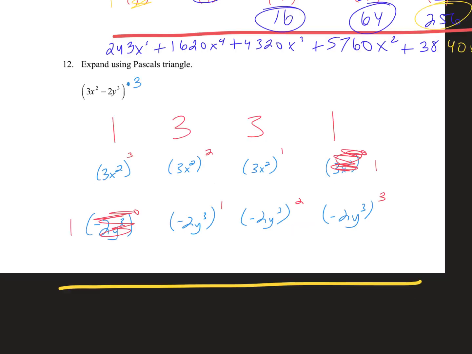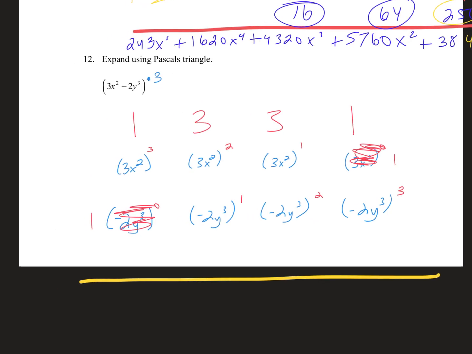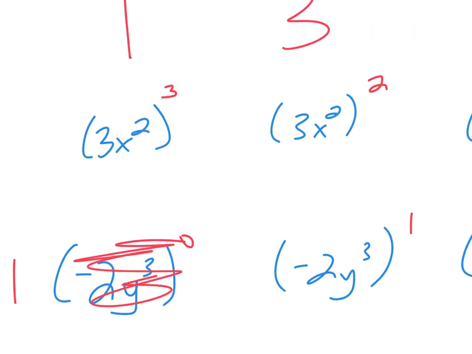I would go ahead and distribute exponents first. This 3 goes to the coefficient and to the exponent. So what is 3 cubed? What's 3 times 3 times 3? 27. And when you raise a power to a power, what do you do to the exponents?